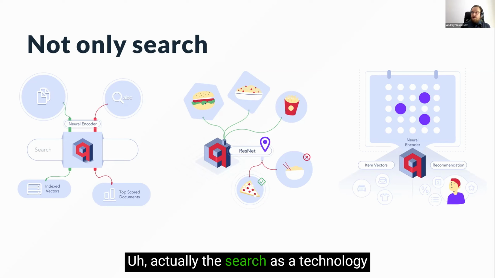Actually, search as a technology itself is used in very different applications, starting from recommendation systems. It could be a similar image search. It could also be the regular search that you can use in Google, but it's only one application of the technology.